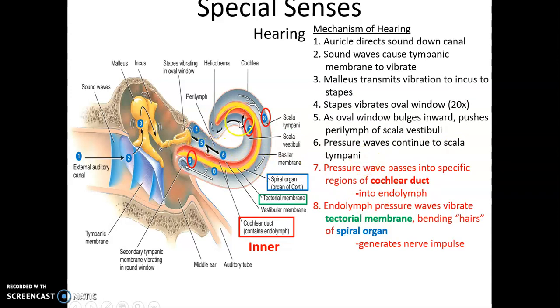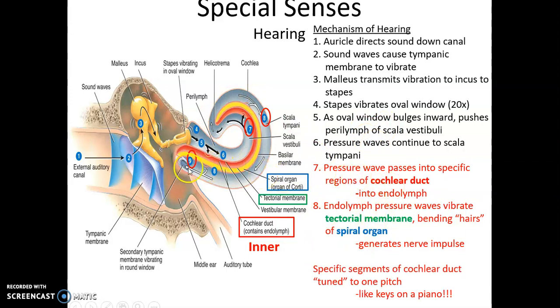In certain areas, depending on the frequency of those pressure waves, they will pass through the wall into the cochlear duct, into the endolymph. There they will hit the tectoral membrane of the spiral organ, bending the hairs of the hair cells, generating the nerve impulse.